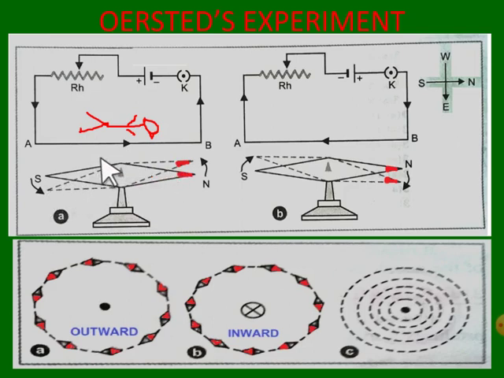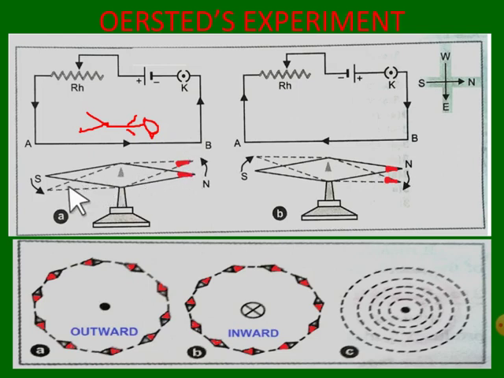So it means if a current flows from south to north of a compass needle in a wire which is held over the magnetic needle, then the north pole of the needle will be deflected toward the west. This is south, north, west, east. So this north pole will be deflected toward the west. I'm repeating the statement again.